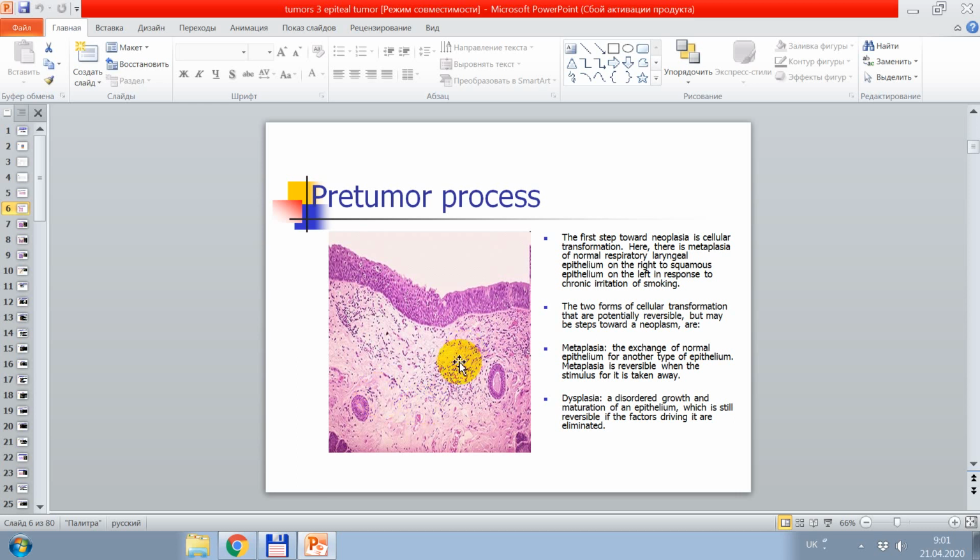Metaplasia is the exchange of normal epithelium for another type of epithelium. Metaplasia is reversible when the stimulus for it is taken away. Dysplasia is a disordered growth and maturation of an epithelium, which is still reversible if the factors driving it are eliminated.